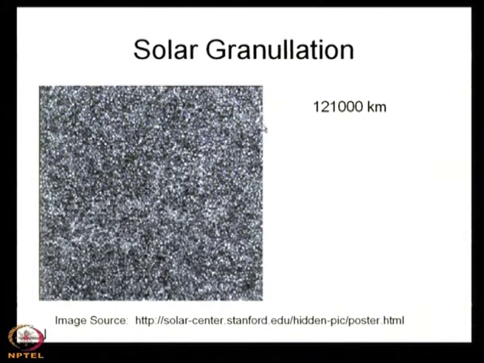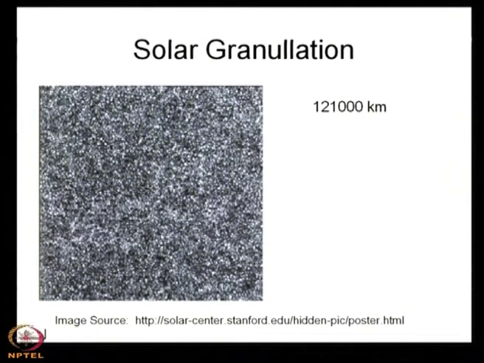So, this side is 121,000 kilometers, this side is 121,000 kilometers. The earth's radius is 6,000 kilometers, so this is roughly 20 times larger than the radius of the earth. So, you have these granules, these bright spots and these dark spots.